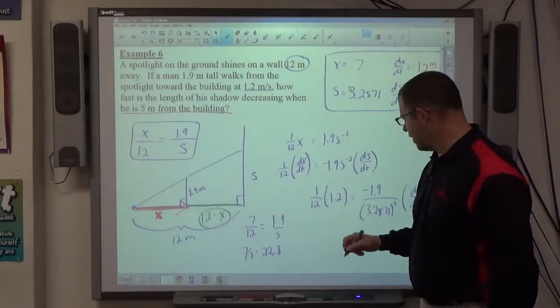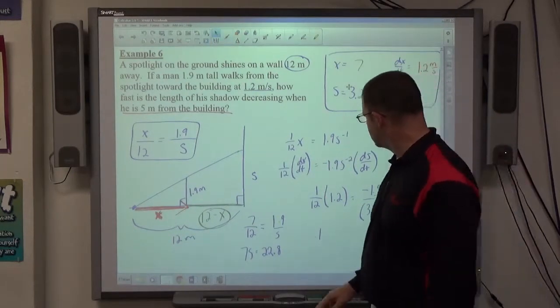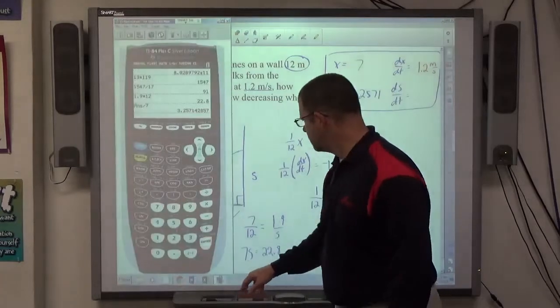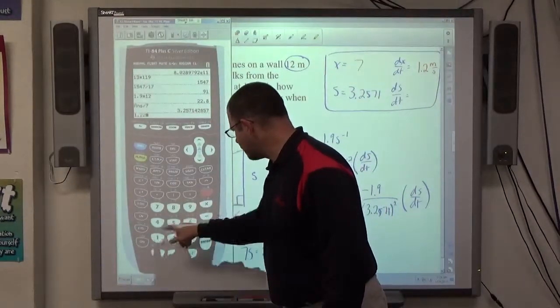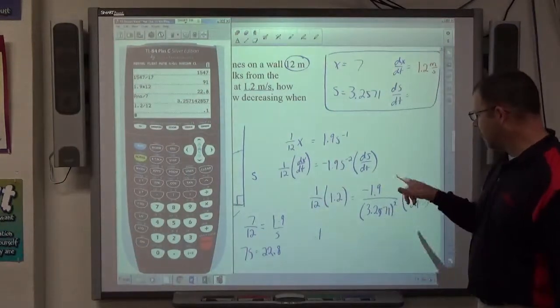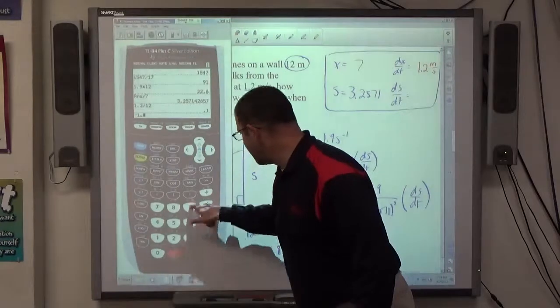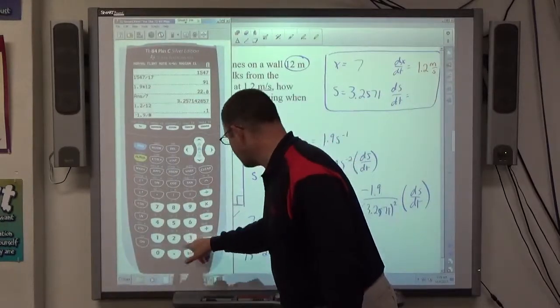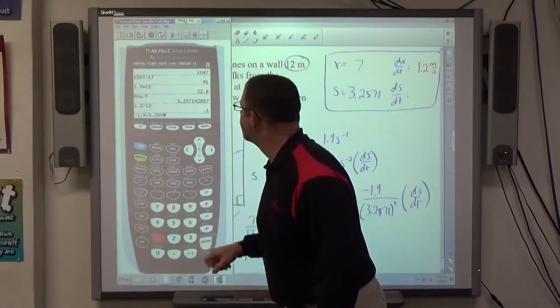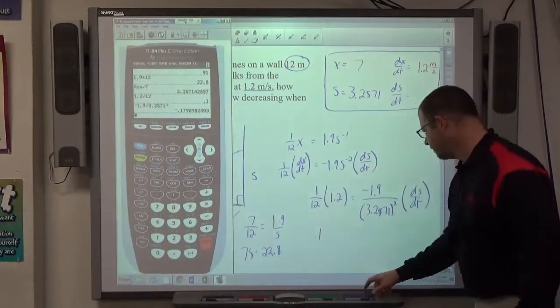So 1.2 divided by 12 is 0.1, according to my math. Is that what you guys got? Yep, 0.1. All right, that was easy. Negative 1.9 over 3.2571 squared, that's hard, so negative 1.9 divided by 3.2571 squared comes out to negative 0.1791.